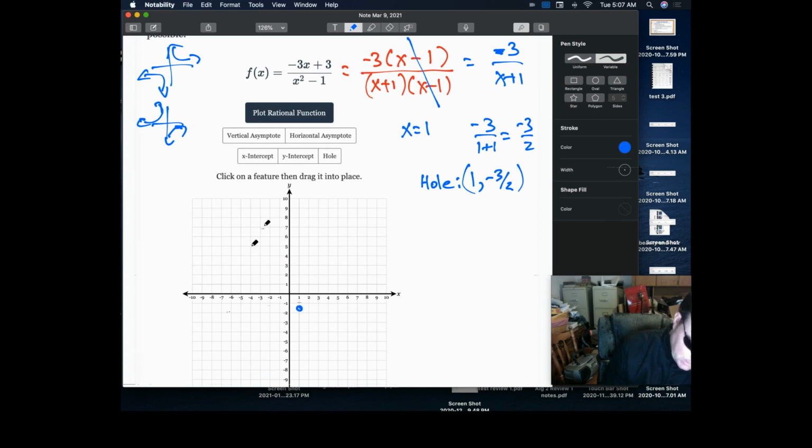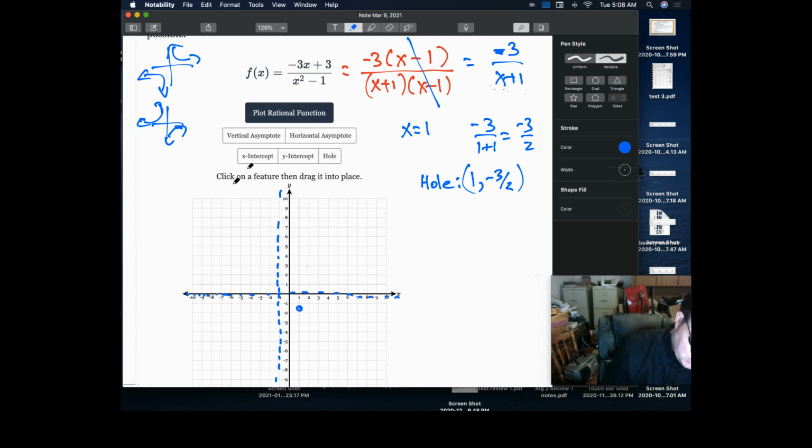Okay. All right. What else? We know that the vertical asymptote is at negative 1, so we'll go to negative 1. We know we have a vertical asymptote here. We know we have a horizontal asymptote at 0 for 2 reasons.